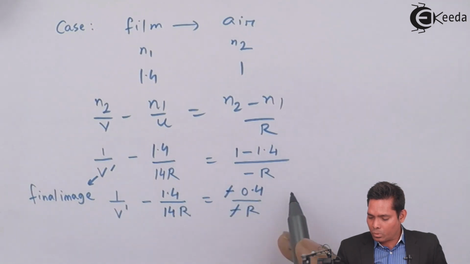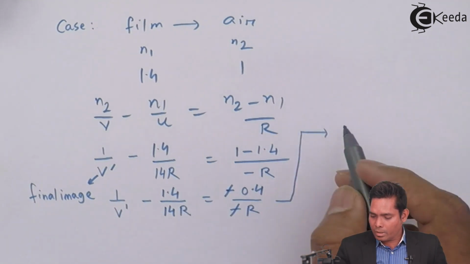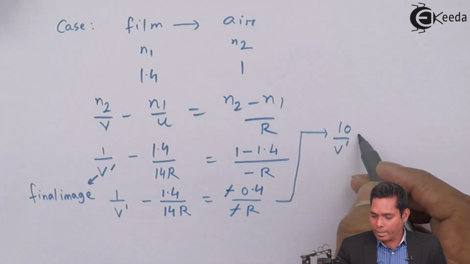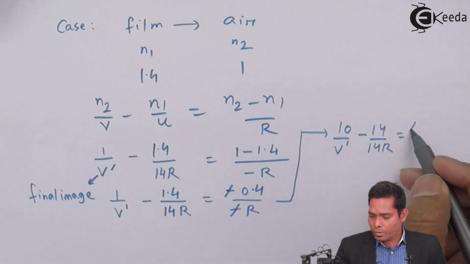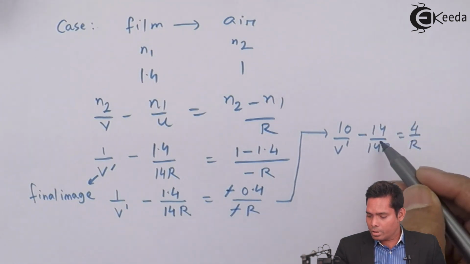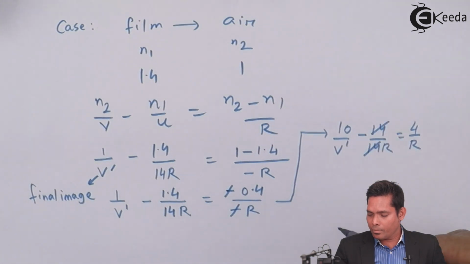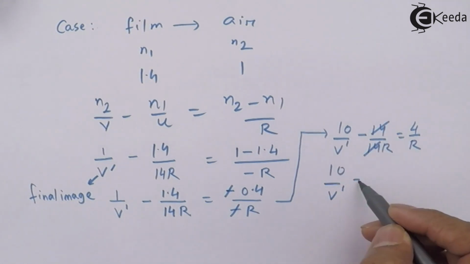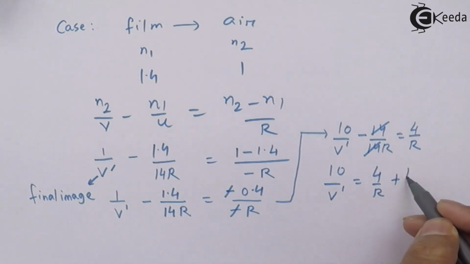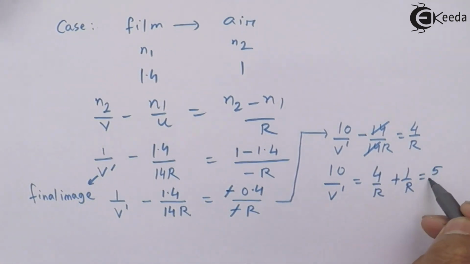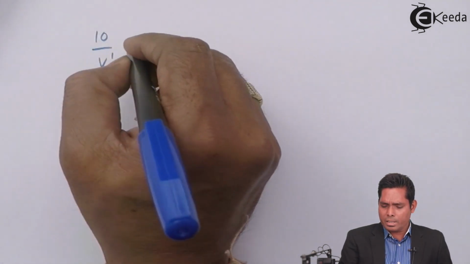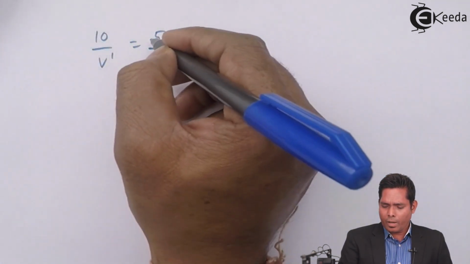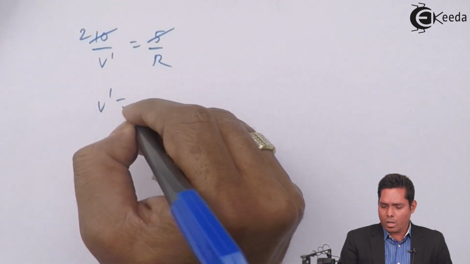If I multiply 10 throughout the equation, then I'll have 10 divided by v dash minus 14 by 14r equals to 4 by r. This 14 and this 14 will cancel. 10 over v dash equals to 4 by r plus 1 by r. So this is 5 by r. If 10 by v dash is 5 by r, then v dash is 2r.